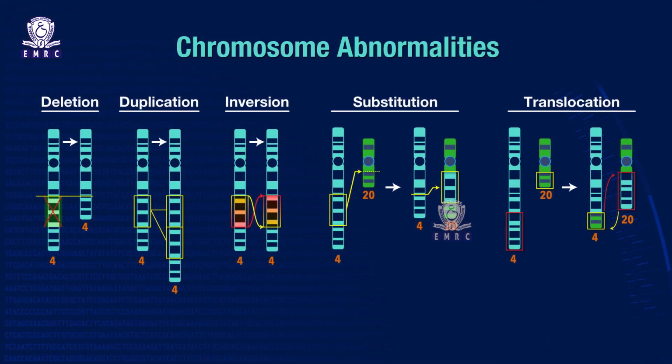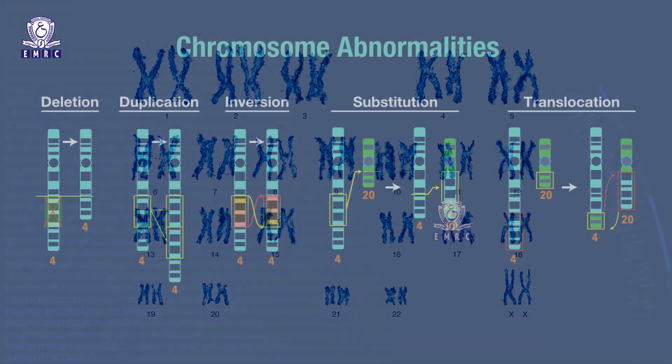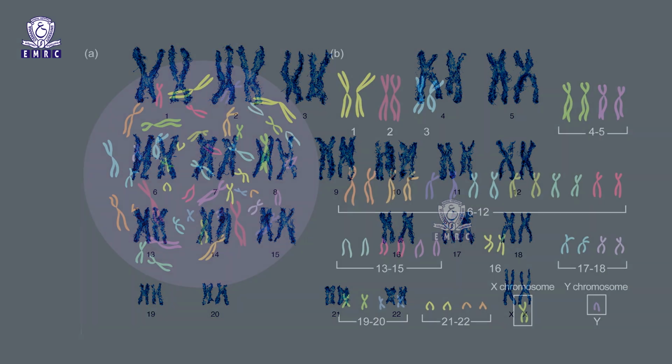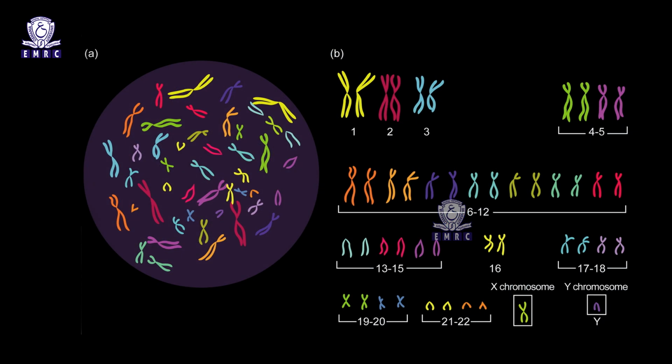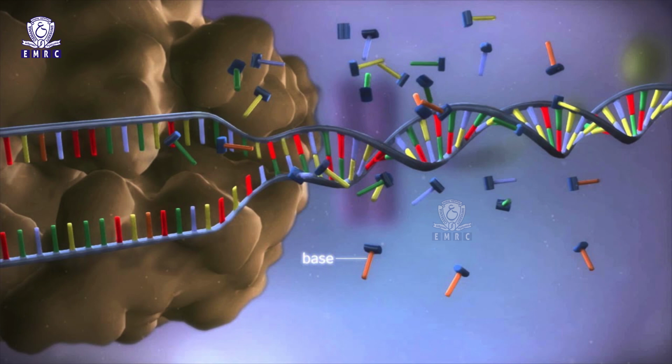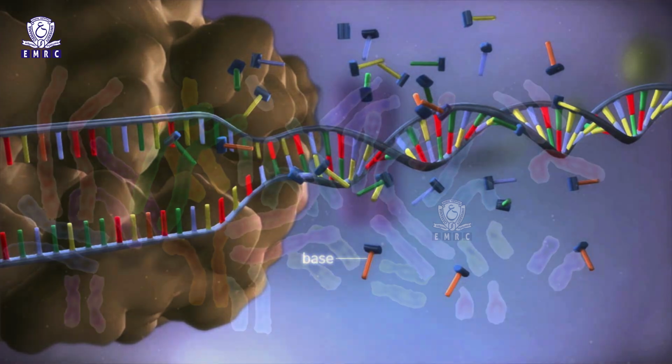Females have 23 pairs of chromosomes with XX, while males have 22 pairs plus a single X and Y, represented as XY. An X chromosome from the mother and a Y chromosome from the father will lead to a male offspring. X and X from both parents give rise to a female.